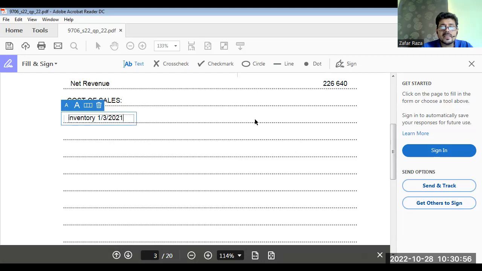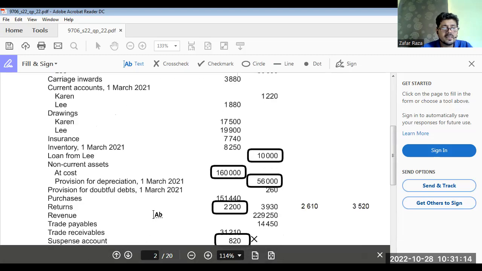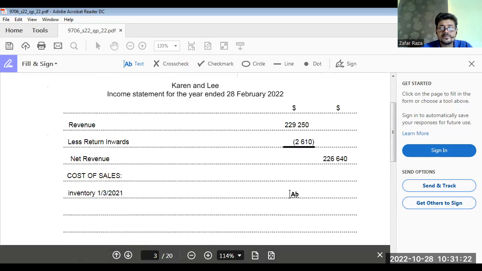The amount of inventory is given in the paper. Here it is, amount of inventory 8,250. Then we have to add purchases. How much is the amount of purchases? 151,440.